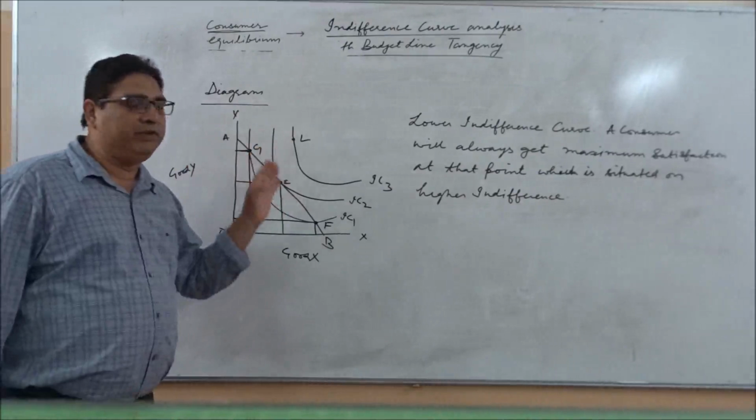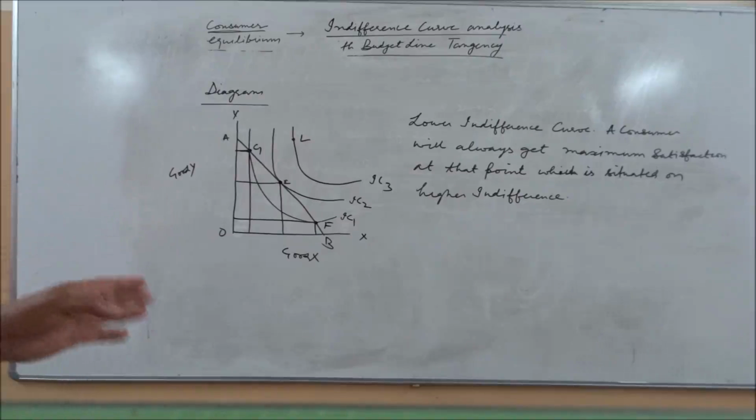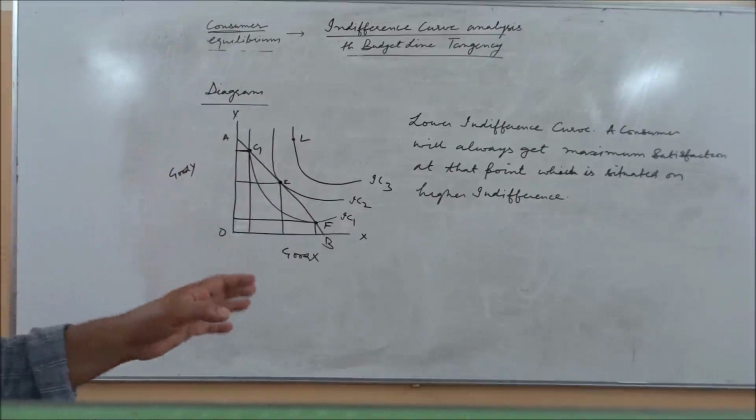The point L, which is shown in the diagram, cannot be attained because the level of income of the consumer is not very high.